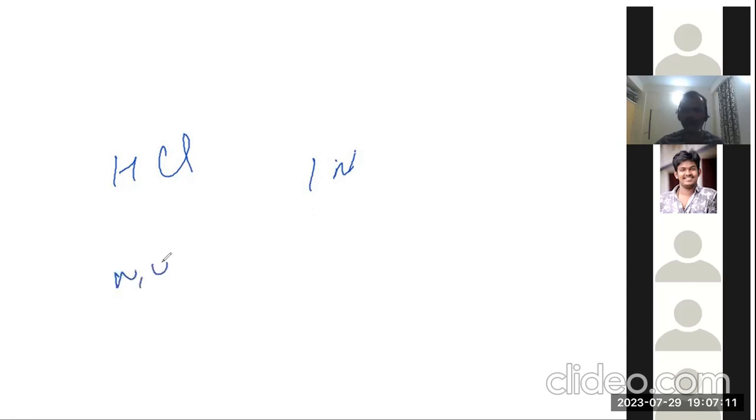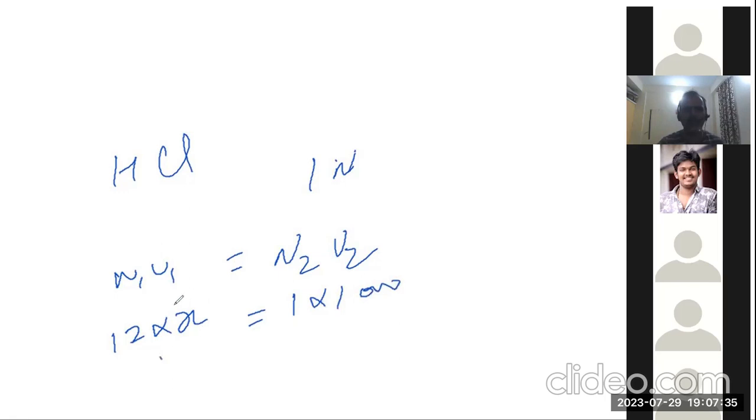So here it is 12N, and x is how much I will take. I need 1N, and if I require 1 liter, I put it like that and solve to get the exact value of x. So this is the procedure.